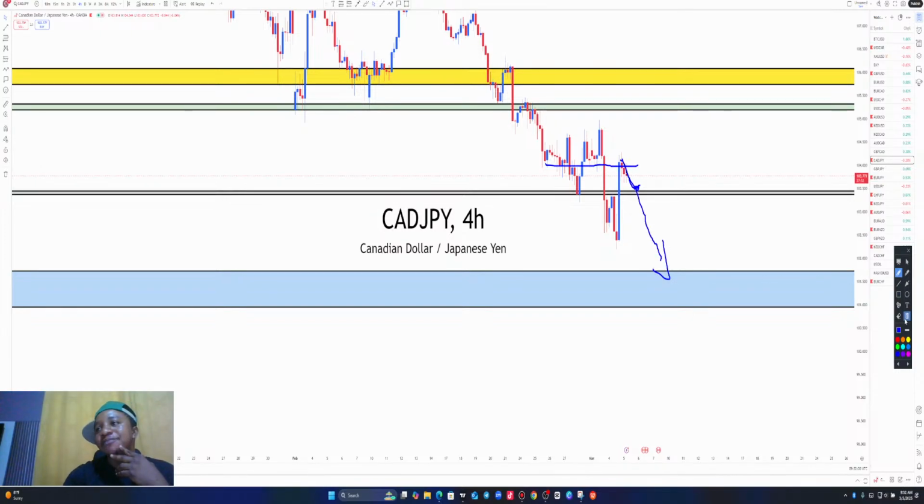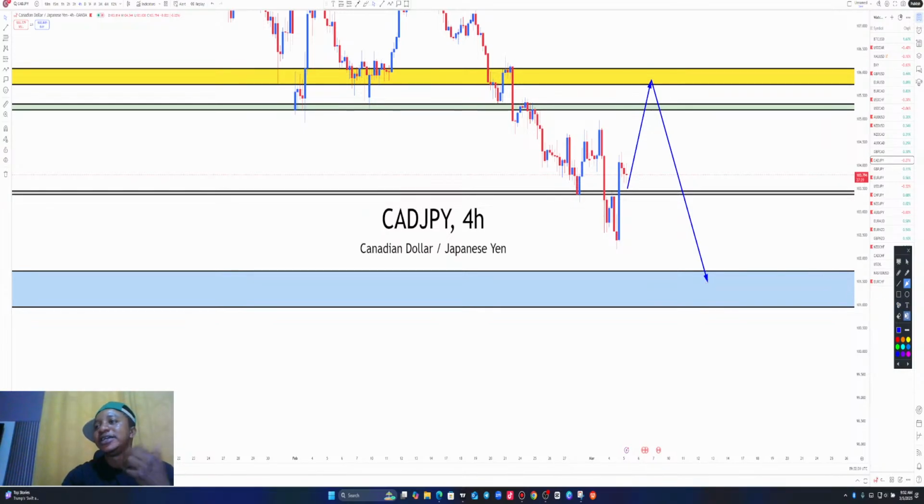So CAD JPY, what I can clearly tell you is that let's wait for price to get to the daily resistance so that it can seize more sell pressure from the resistance level of the weekly and also from the daily itself, and then it will be able to push further to the downside. So CAD JPY, I will prefer entry at the daily resistance or the weekly resistance so that I can sell with what? With more confidence to the downside on CAD JPY.